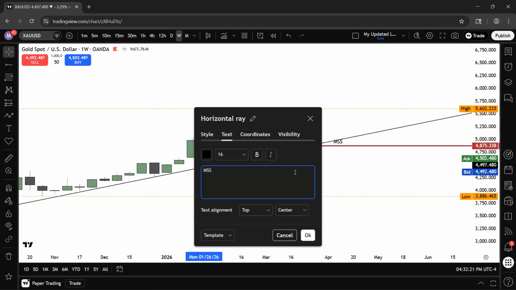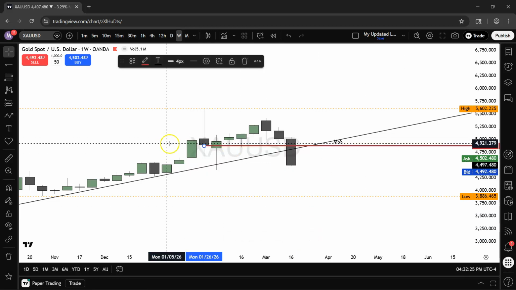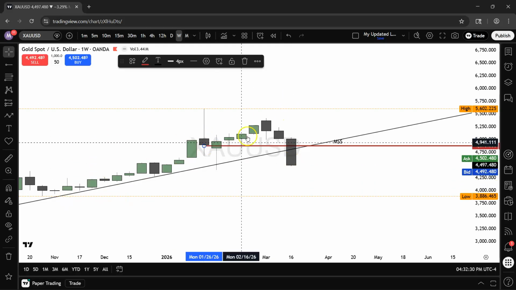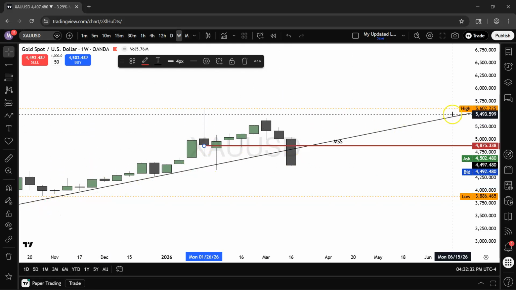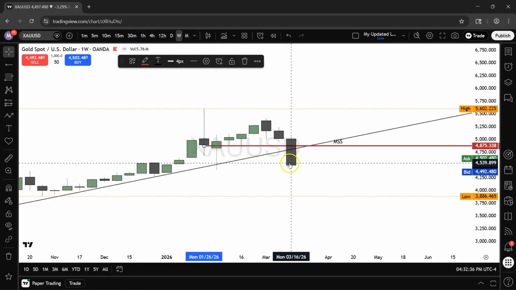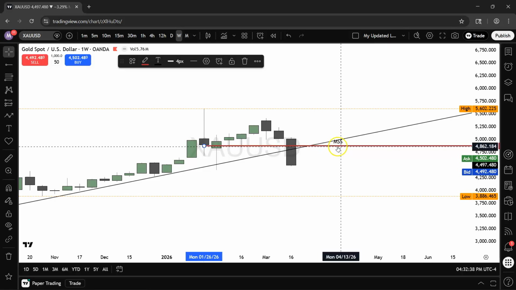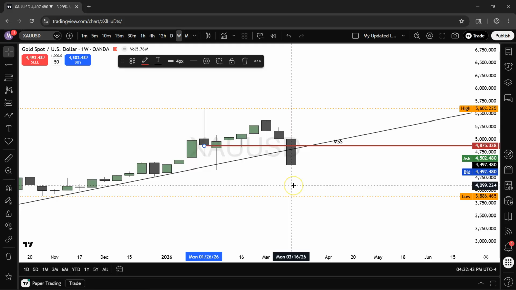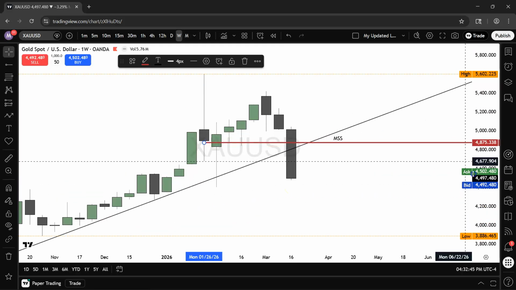All right, I'm going to put that on there because this is where the market changed right here. It was trending higher, it was above your trend line, and now it's trending lower because it crossed your trend line and it changed the structure from bullish to bearish. Okay, from bullish to bearish.